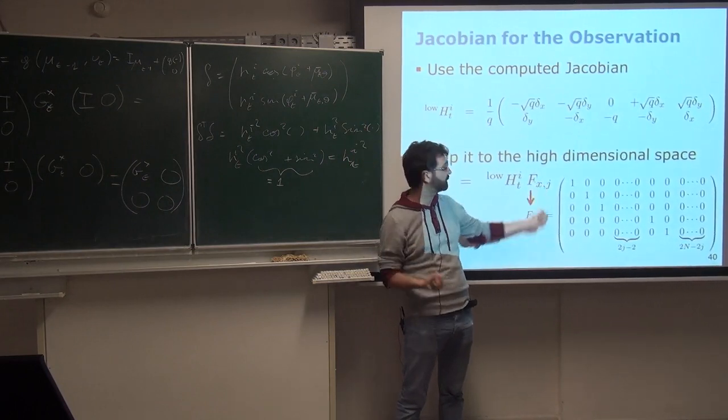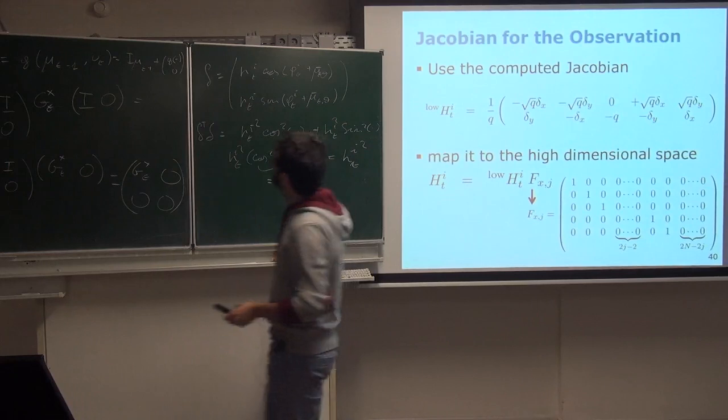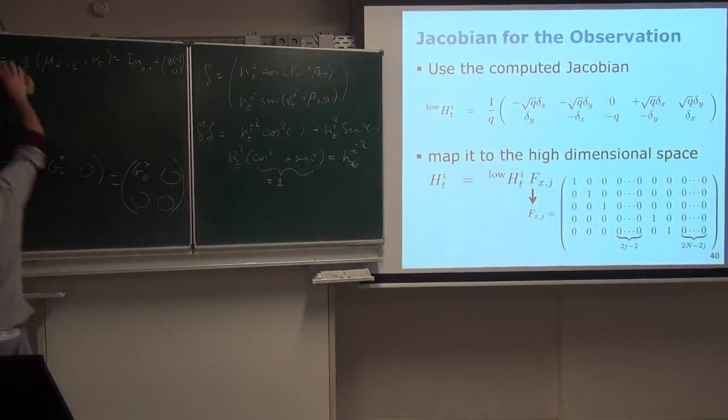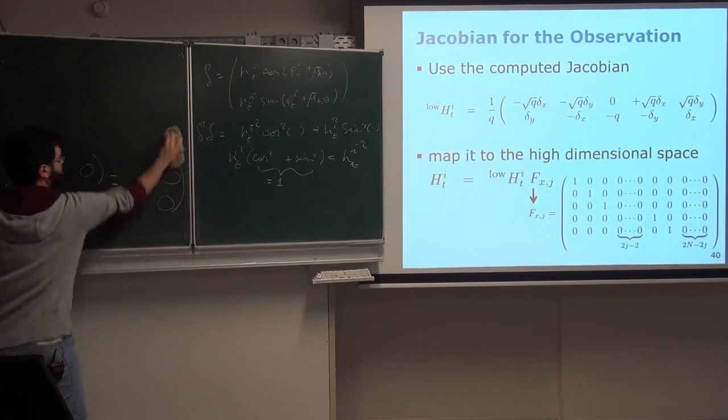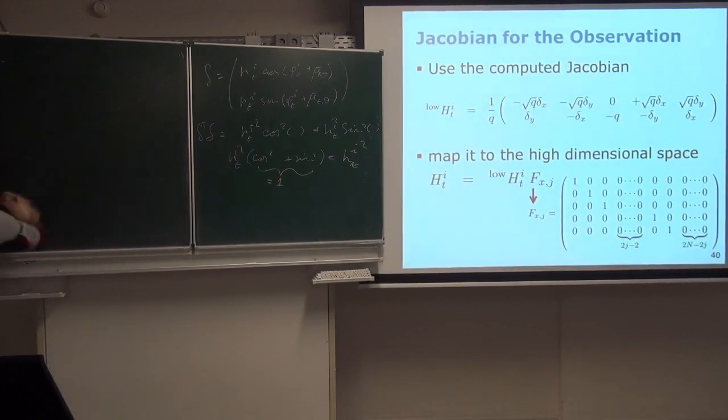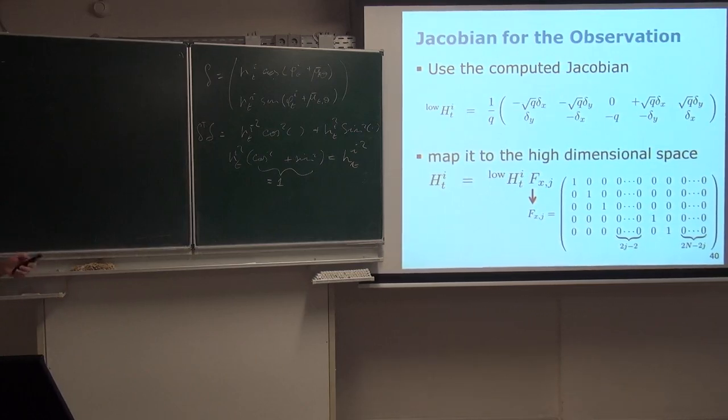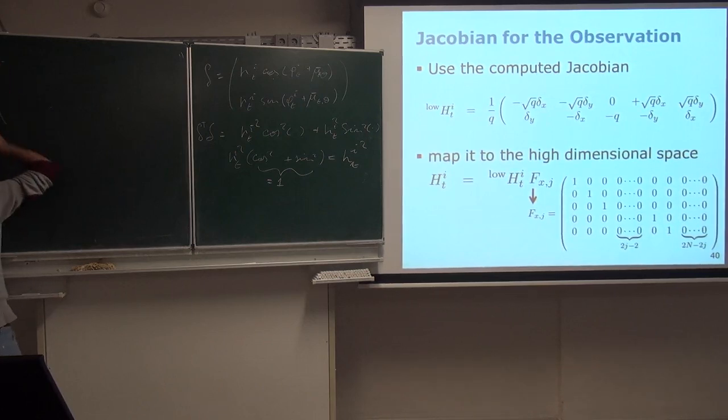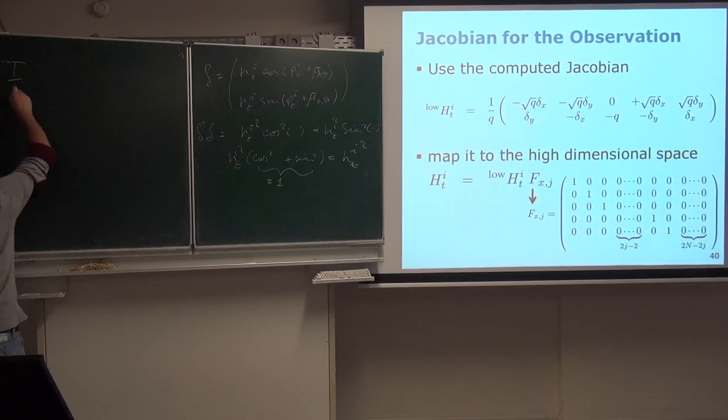So this f now has a different structure from the one before, and it is made like this. On the left, the number of rows is the number of elements that are in h, so it's the number of variables that we are carrying. Our f is made of a part that depends on the robot pose, with identity here, and then for the rest of the variables it is 0, because we know that they do not depend there.